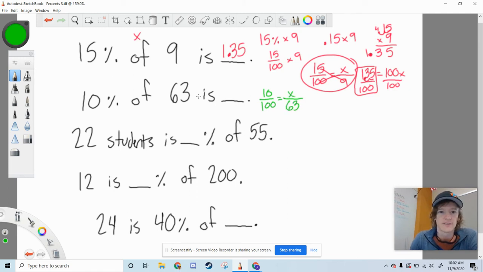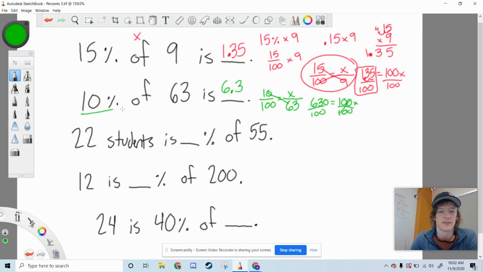So 10% of 63, 10 out of 100 is equal to what part of 63? So we'll have 630, that's 10 times 63, equals 100 times x. We're going to divide by 100, divide by 100. We're going to get 6.3.